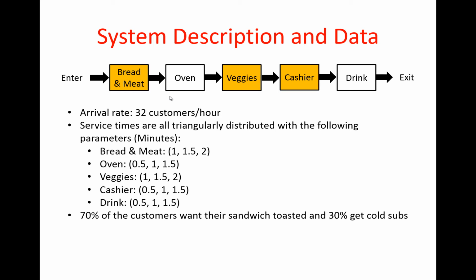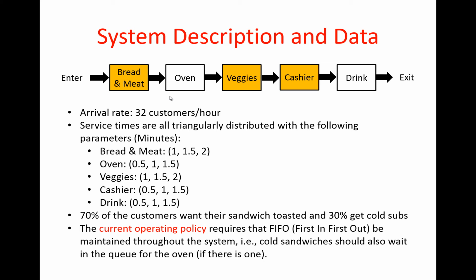The other thing is that not all of our customers want their sandwich toasted. The data that we're given indicates that only 70% of the customers want their sandwich toasted and 30% get cold sandwiches. However, the current operating policy of this restaurant requires that we maintain first in, first out throughout the system.